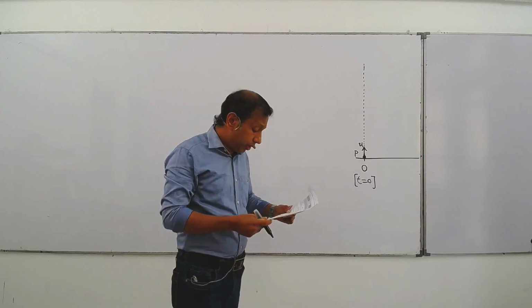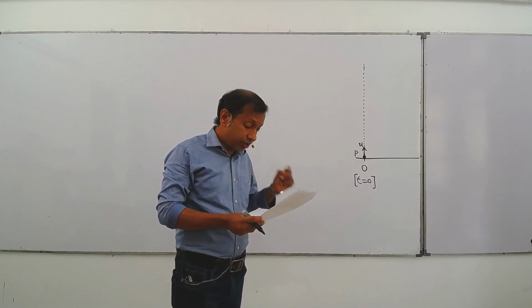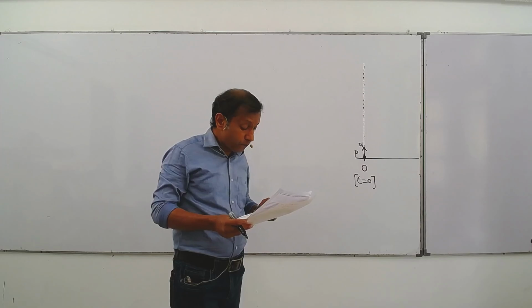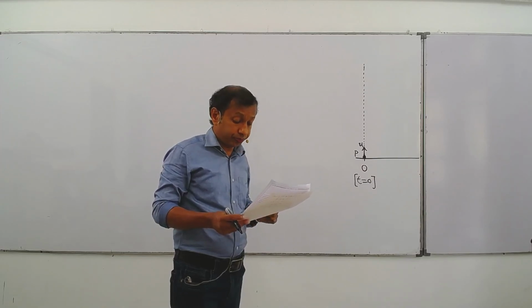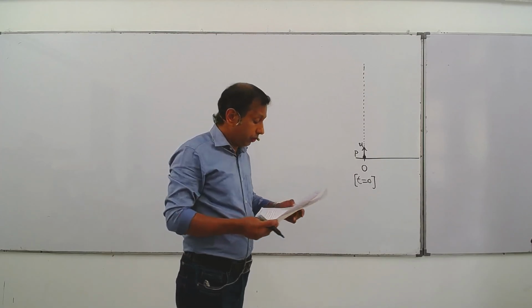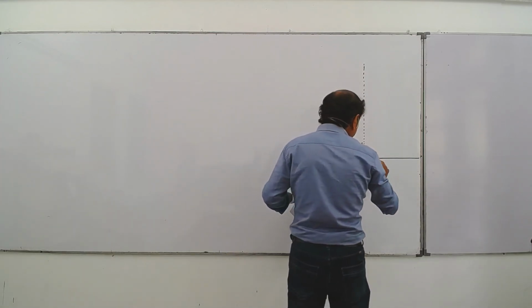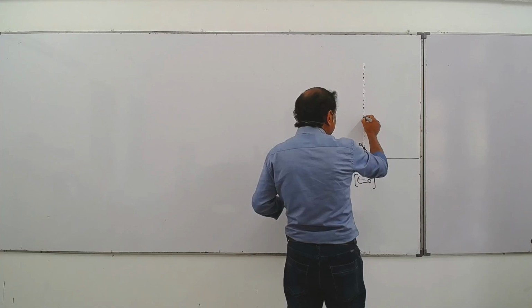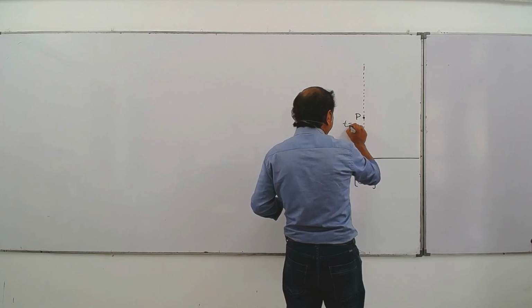After time t, another particle Q is projected with the same velocity u upwards from the same point O. After time t, suppose P is here. That is at time t.